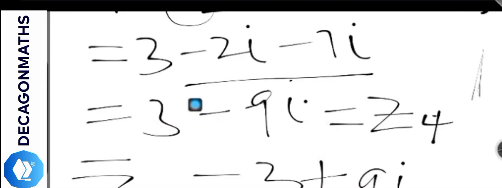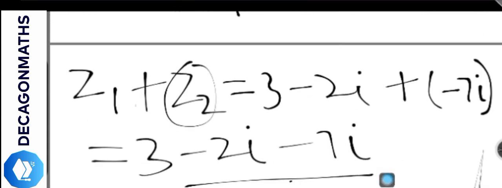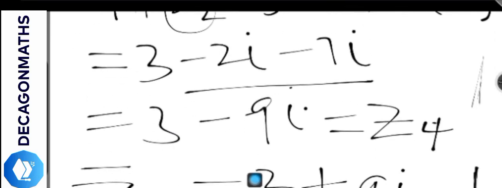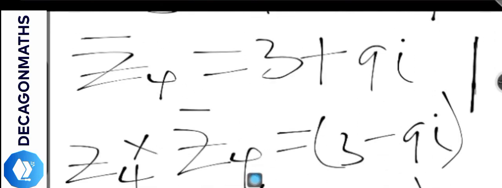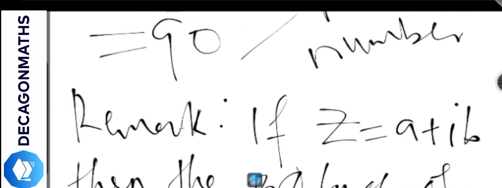So this is our a, 3, and our b is, let's say, minus 9, right? So you can see that the result of the complex number and the conjugate is just 3 square plus the square of minus 9, which is 9 plus 81, and which gives 90, right? And it's also true for every other one that we have done.